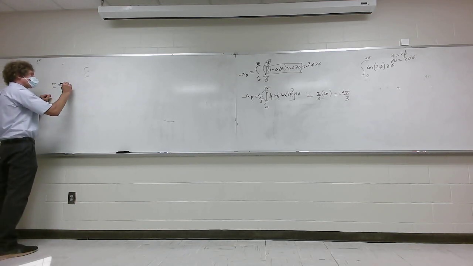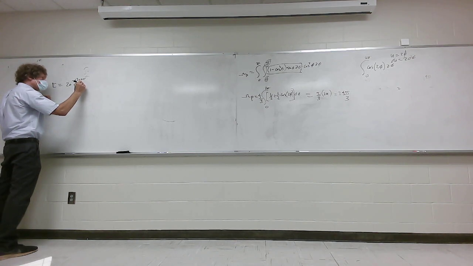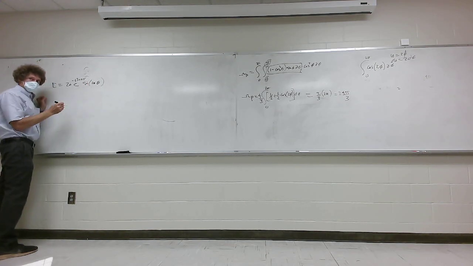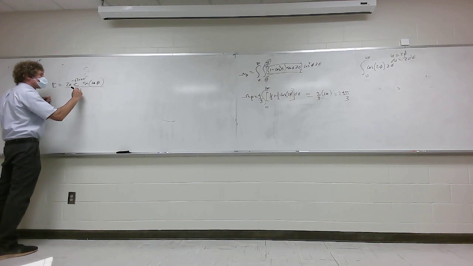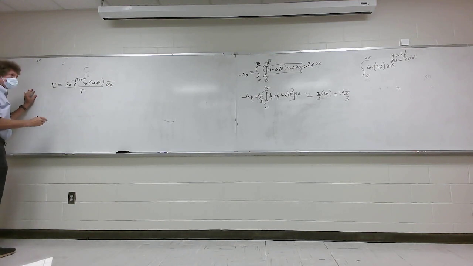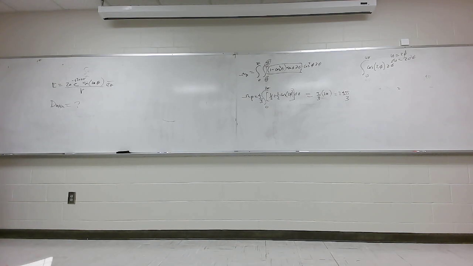It was like 20 e to the minus j 30 pi r, times, say, the sine of 20 phi, or 20 theta, which is a bizarre kind of thing, over r, a phi, and I wanted to know D max. Y'all follow me? I give you an E field, and I want to know D max. How do you do it, anyone?